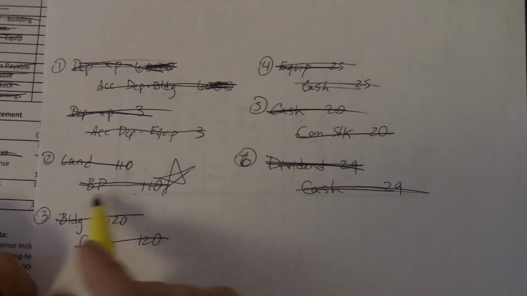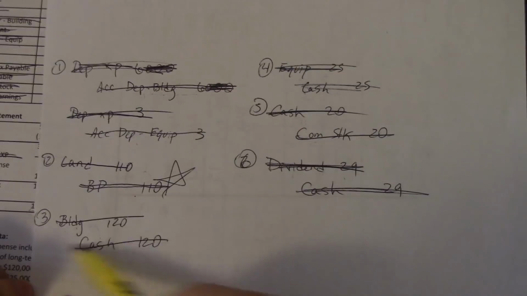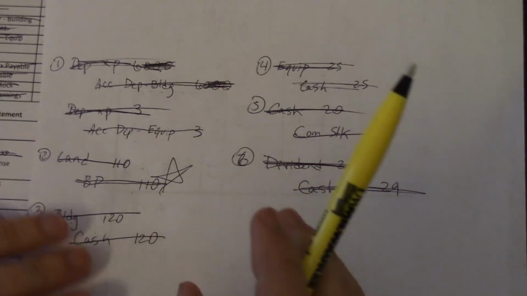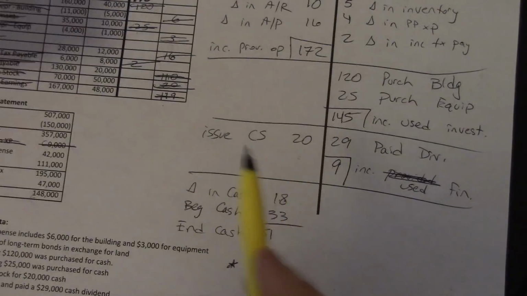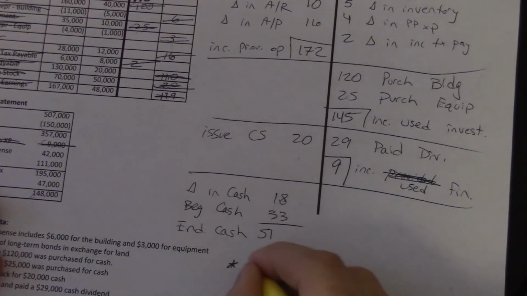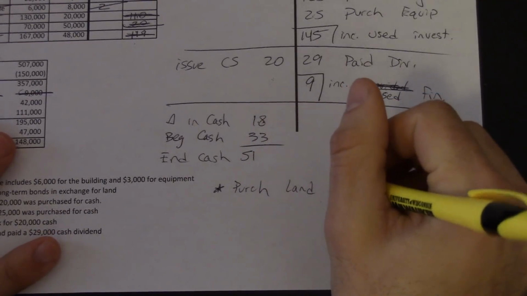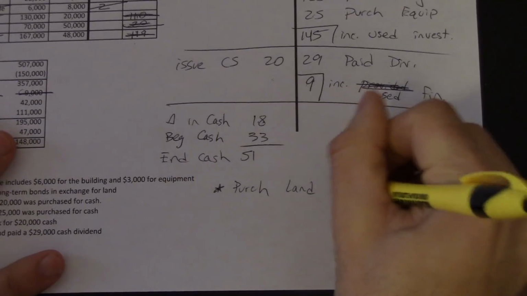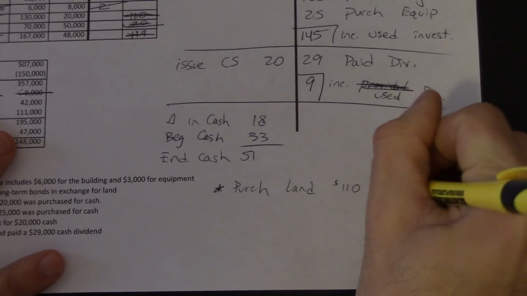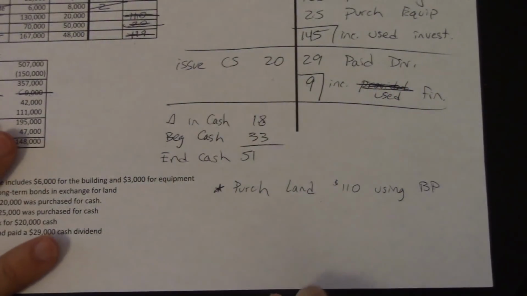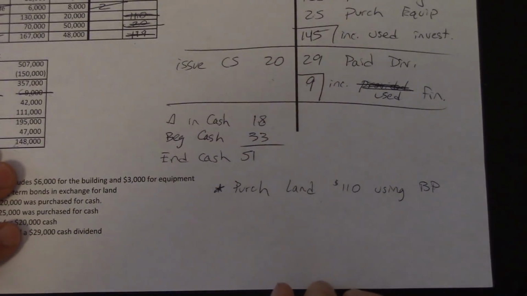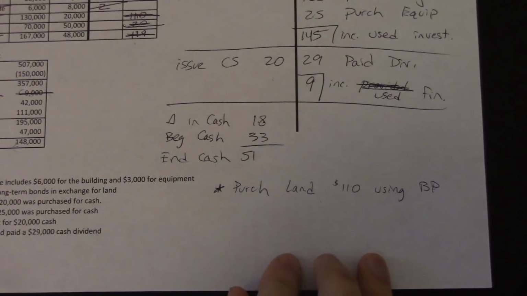So whenever something like that happens, when we buy land using a note payable or buy a building using a bond payable, something similar to that, we make a mark of that way down at the bottom and say something like we purchased land for $110 using a bond payable, something like that. Okay, so that's our cash flow statement.